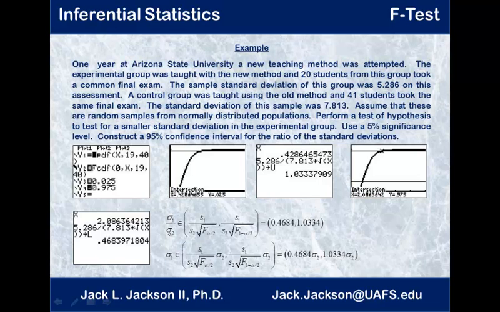So my interval for the ratio of the standard deviations of the populations, that's our confidence interval. We're 95% confident that the ratio here is between 0.4684 and 1.0334. Or if we do a confidence interval just for sigma 1, it's between 0.4684 times sigma 2 and 1.0334 times sigma 2.